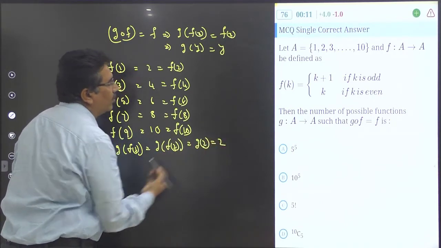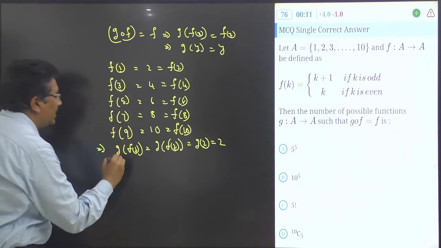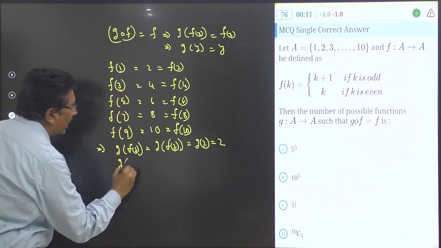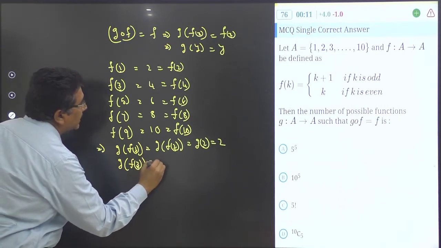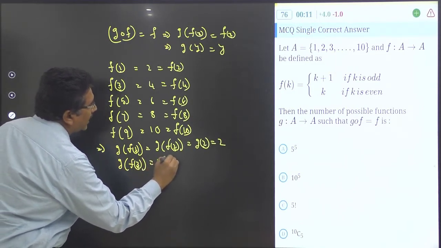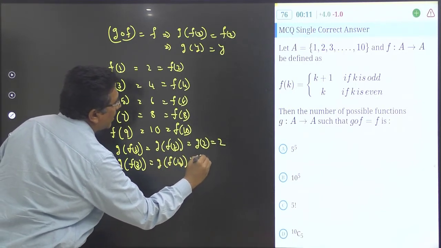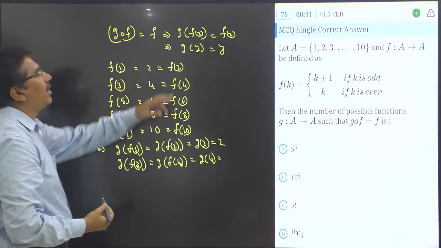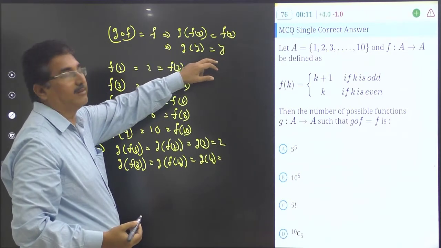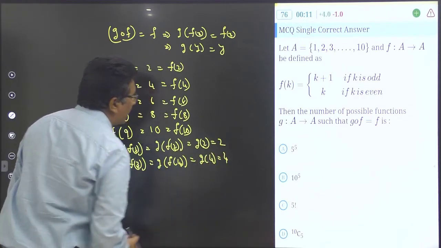Now g of f of 3 is equal to g of f of 4, that is equal to g of 4, and g of y is equal to y, so g of 4 is equal to 4.